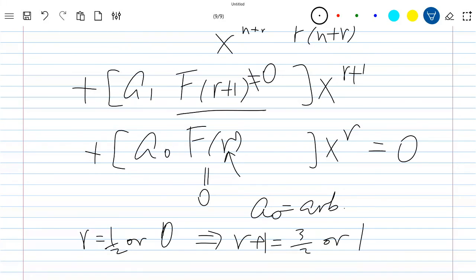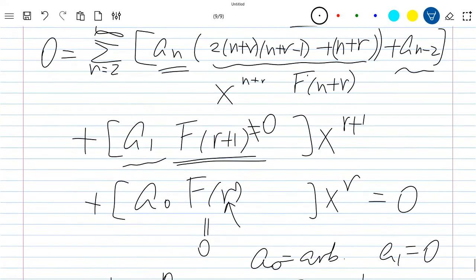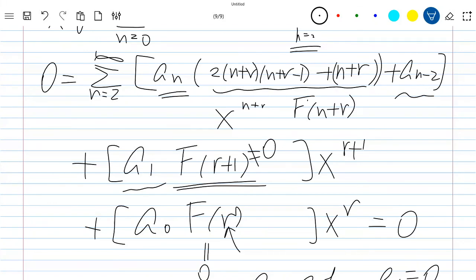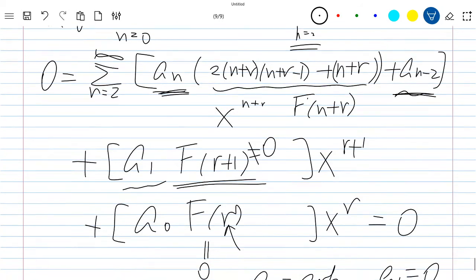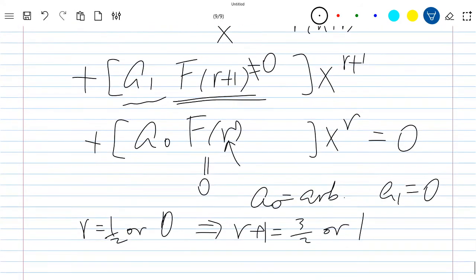Which implies a1 equals 0, right? If this is not 0, then that is 0. So a1 is 0, then this will give you a relation between a2 and a0, and a4 and a2, etc. So you get 2 solutions, one for r1, one for r2. Okay, I just leave this to you to finish up.